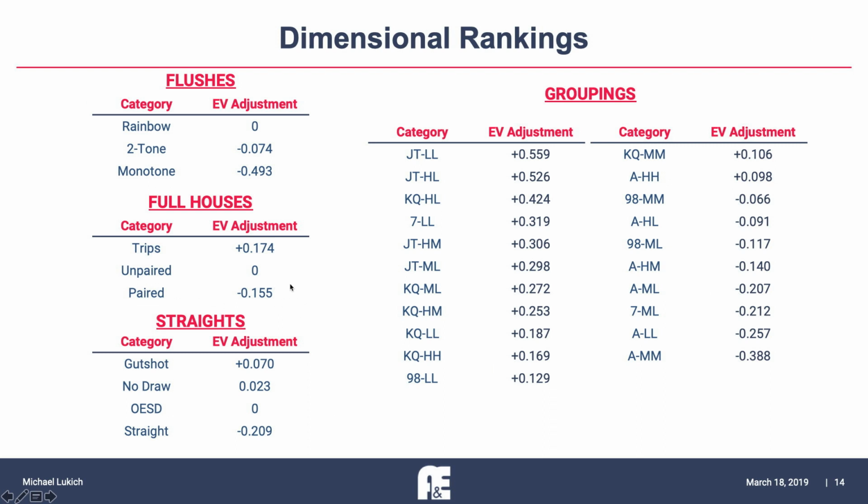So this has somewhat of a negative impact. The straight boards: gut shots are somewhat favorable for us. No draws are somewhat favorable for us. I should have had a plus right there. Open-ended straight draws are our reference here, which is 0, and then if there is a straight present on the board, that's worth minus 0.2 big blinds.